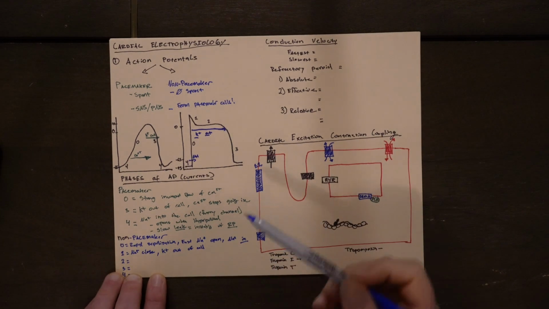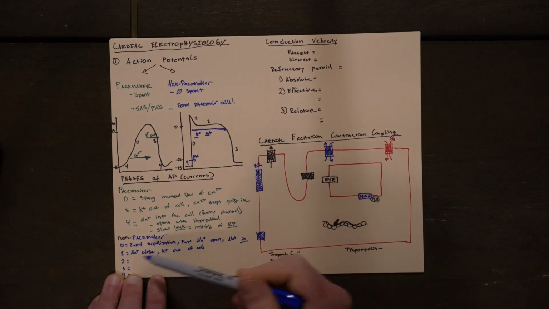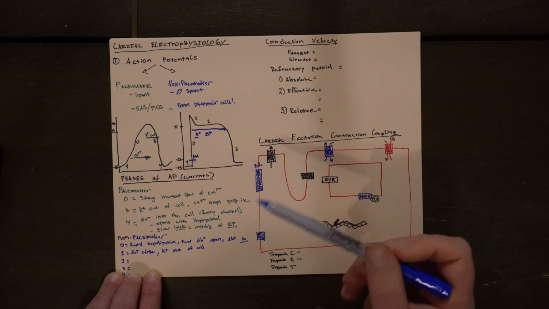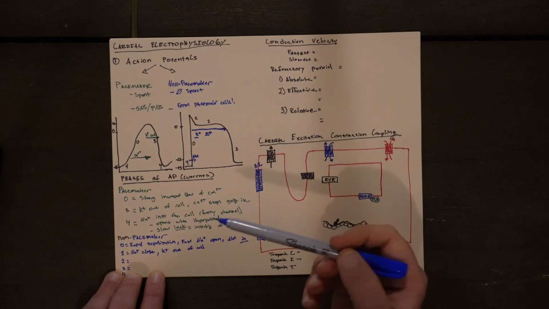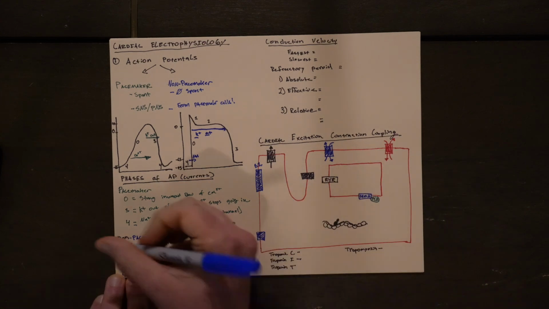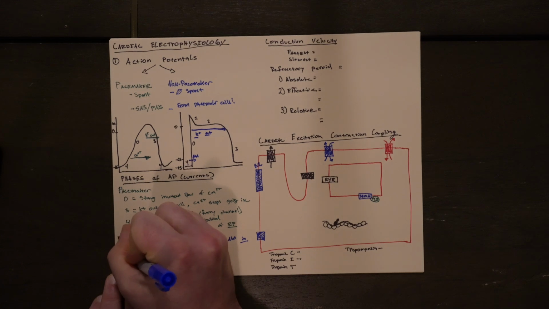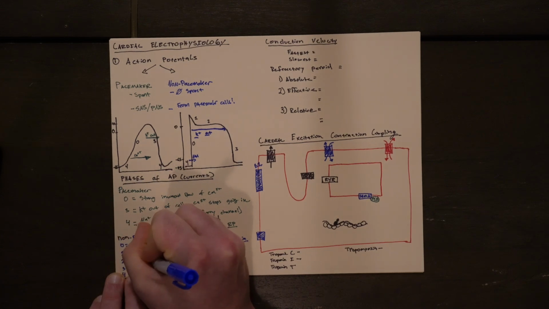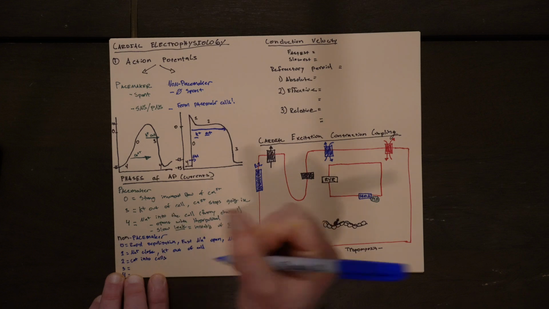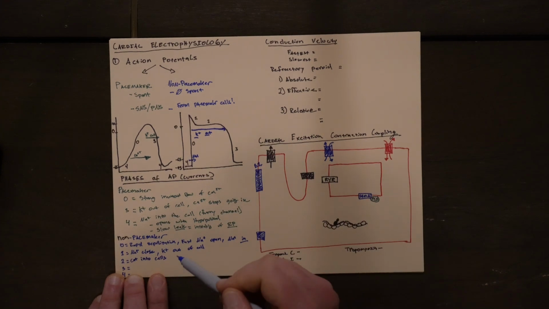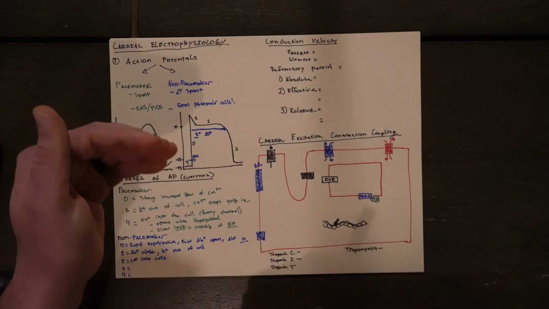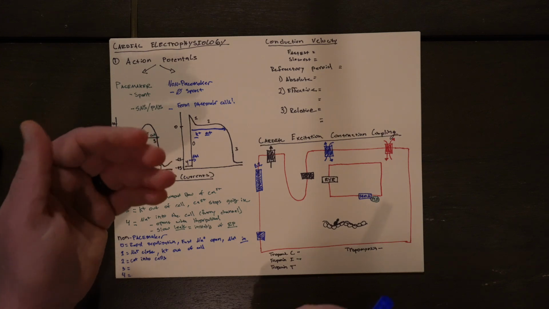All right, next we have phase 2. So in phase 2, calcium is moving into the cells, right? So Ca2+ into cells. And this is important because it's counterbalancing the potassium that's coming out, right?